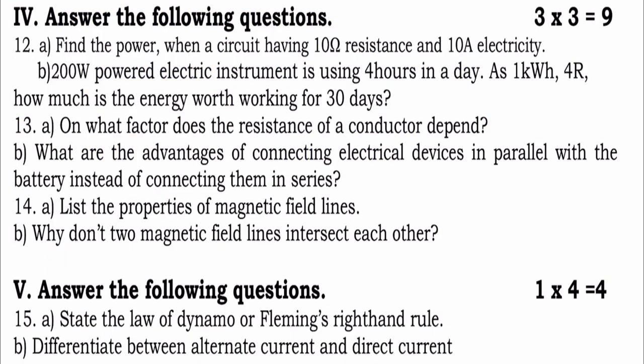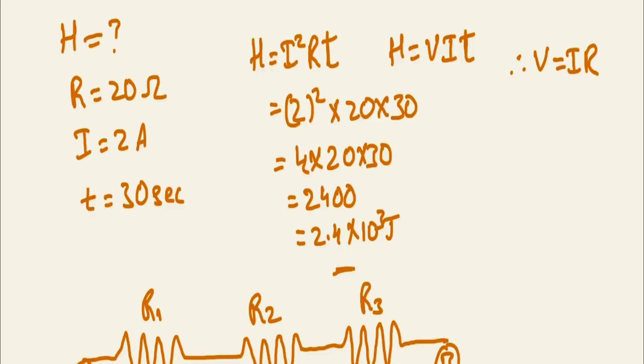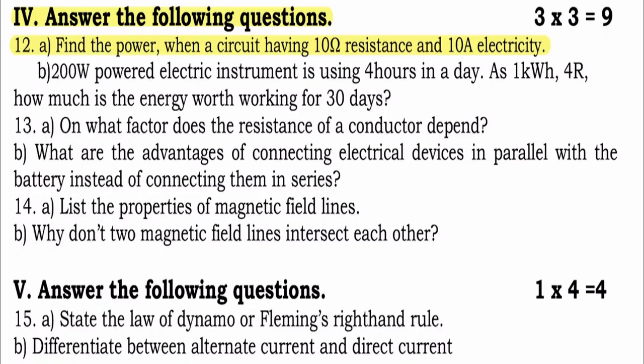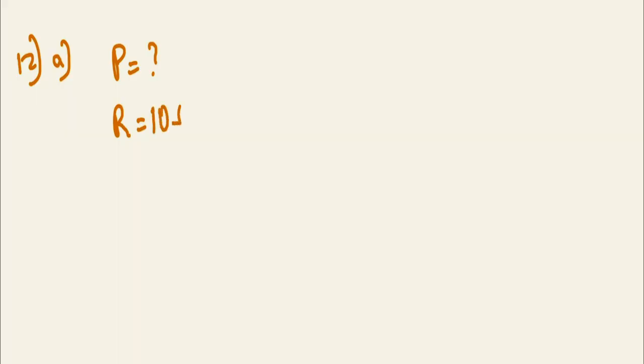Next main, answer the following questions. Question number 12. A. Find the power when a circuit having 10 ohm resistance and 10 ampere electricity. So they are asking us to find power and given resistance and electricity. Let's go to next page and solve this. 12a. Power is question mark. They have given resistance R is equals to 10 ohm and current I is equals to 10 ampere.